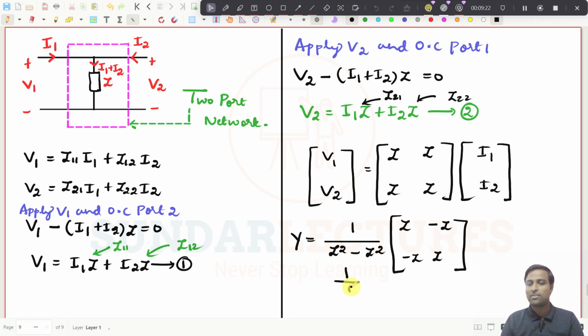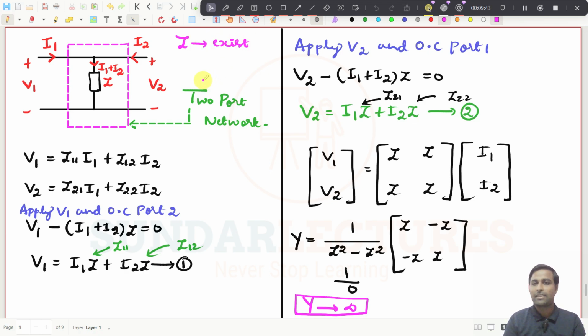It is 1 by 0. Then obviously the Y matrix becomes infinity, right? That is what we have seen here. And you have to conclude that for this particular circuit, the Z matrix exists. But what happens to the Y matrix? It becomes infinity. Right? Am I right?